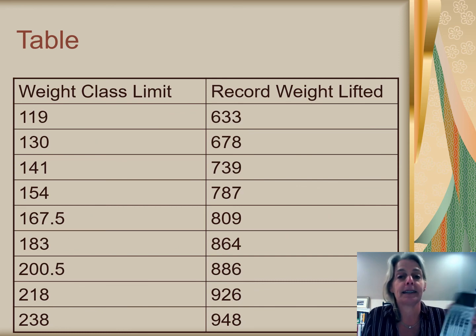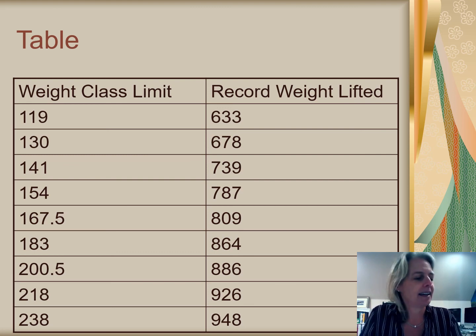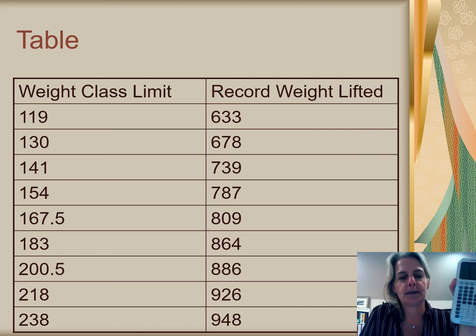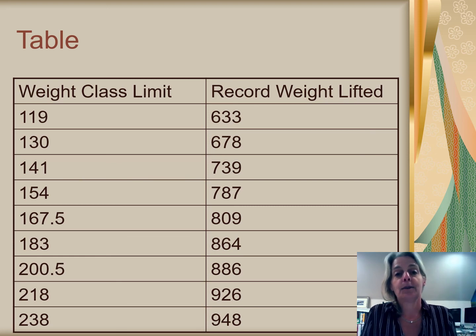We'll go ahead and plug our data into our calculator in our list, and then we're going to do a linear regression on the original data. We're going to transform the data for both x and y. We'll take the log of x and the log of y, do a linear regression equation on the transformed data.